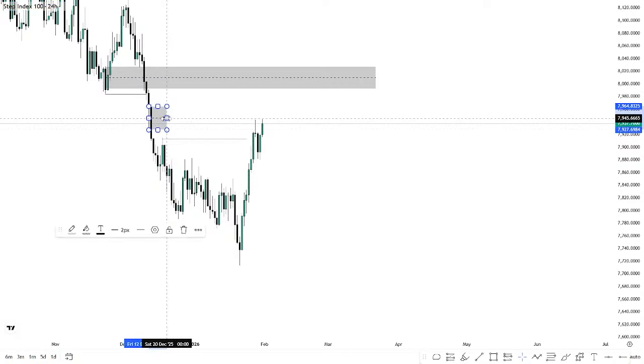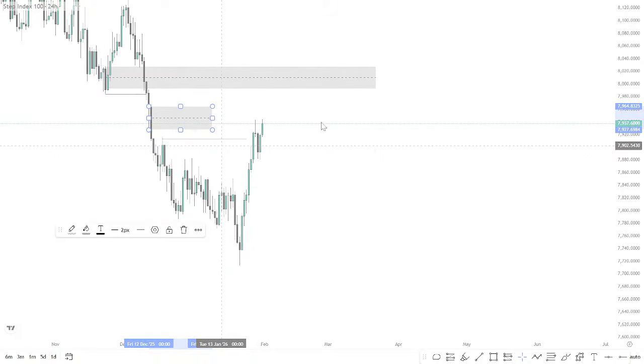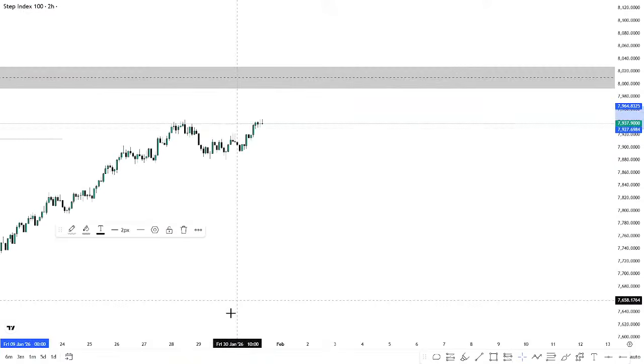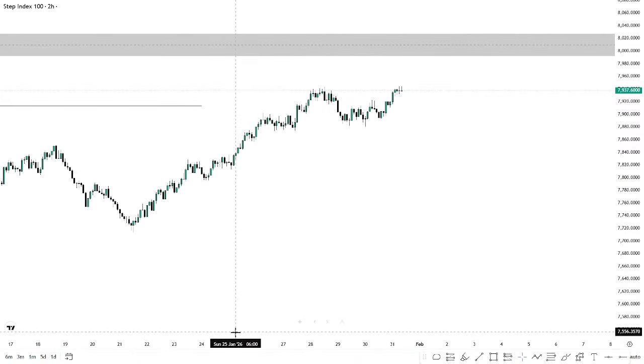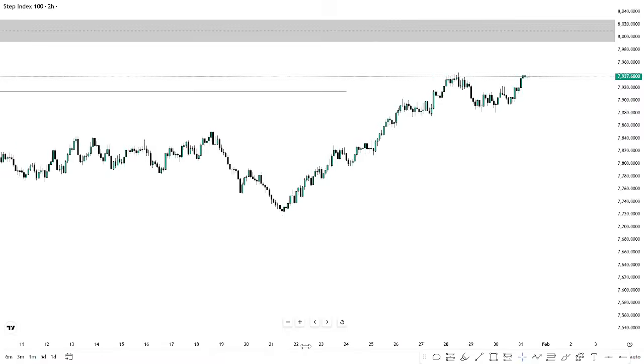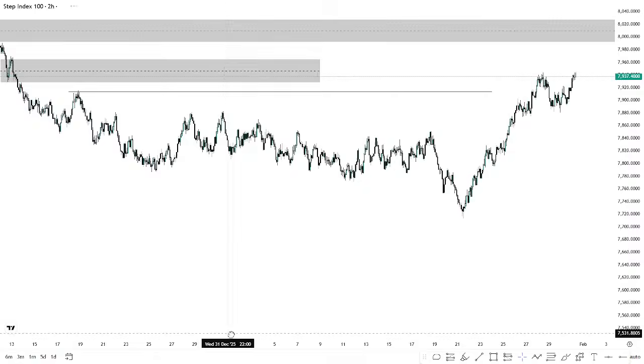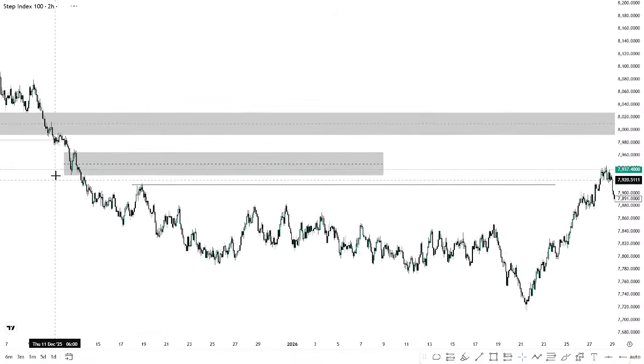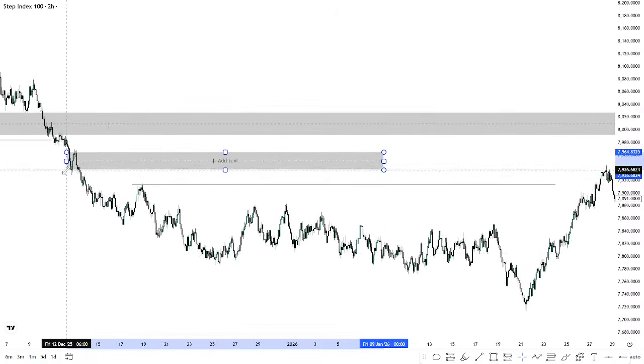If you check the lower time frame, like the 2 hours time frame, you would see an interest candle. So let's check it out. Look at it here. This is the interest candle on the 2 hours time frame.